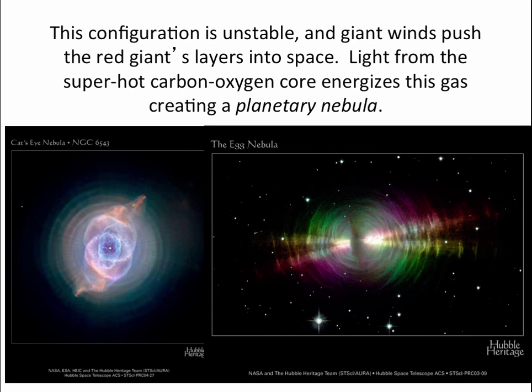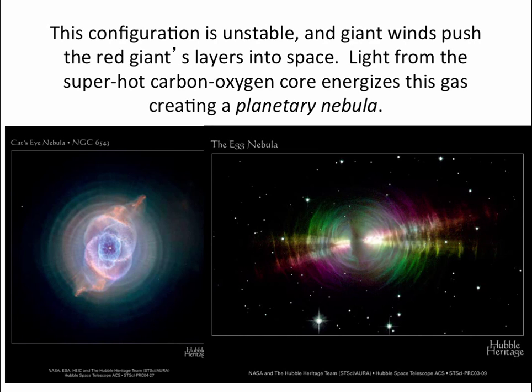The inner part is this lump the size of the Earth that's been squeezed so tight, it's really tightly held together. This lump of carbon and oxygen ash that's been squeezed so tight is extraordinarily hot. It's been doing nuclear fusion at a temperature of over 100 million degrees. So its black body radiation is peaking in the X-rays and the ultraviolet.